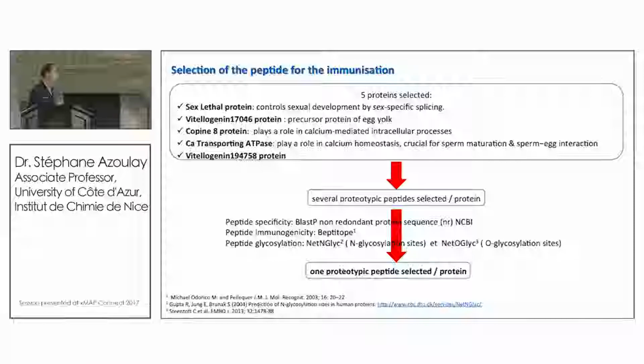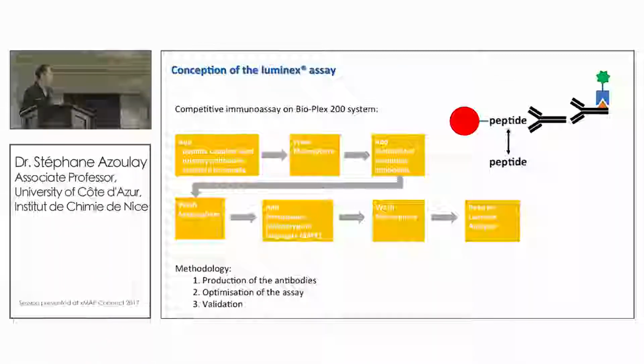With this project, we select one proteolytic peptide per protein, and we begin the immunization. As this was the first step of proof of concept of our approach, before moving to a Luminex assay, we decided to use a competitive immunoassay. We didn't want to use a sandwich immunoassay because we didn't want to prepare pair antibodies.